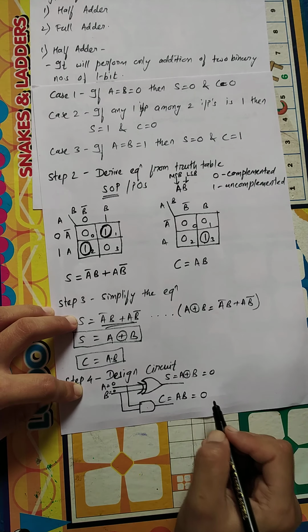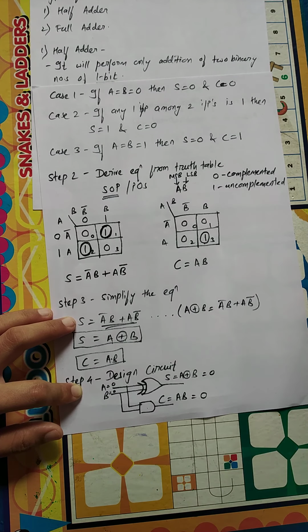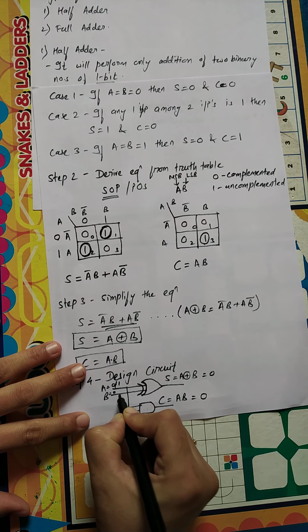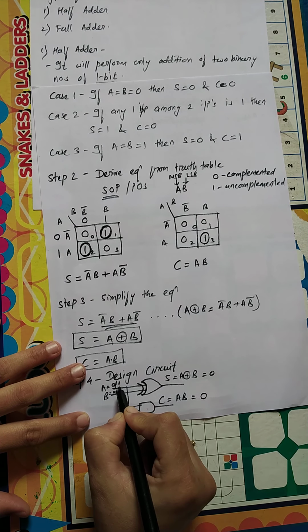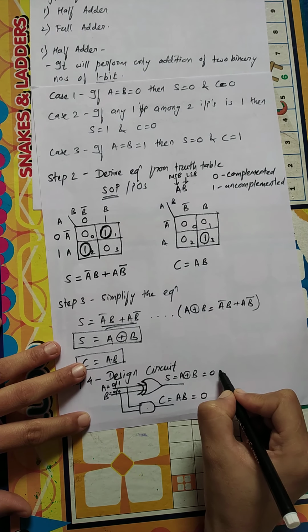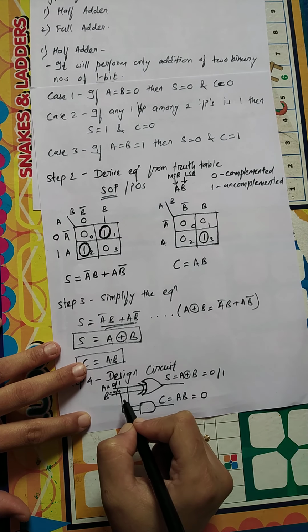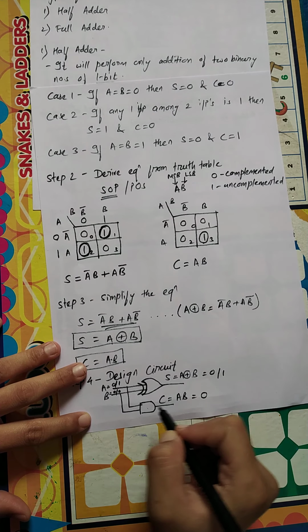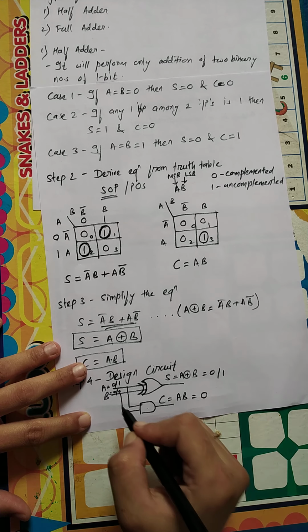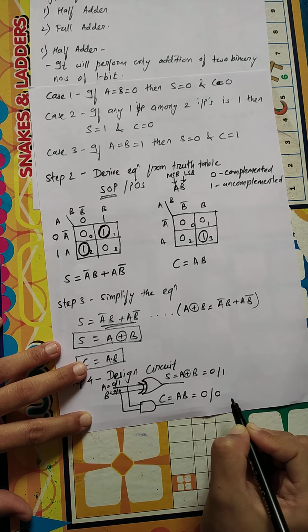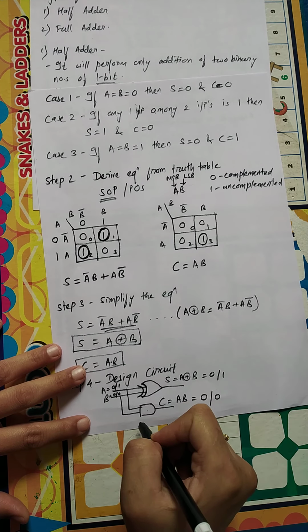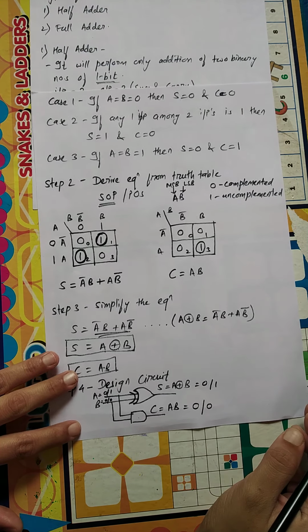So like that you will get 0 0. Now if A equal to 1 and B equal to 0, then the XOR gate gives sum as 1, and in the AND gate, if one of the inputs is 1, then also the output is 0. So like that we can prove the truth table from this circuit, right. So this is what your half adder is.